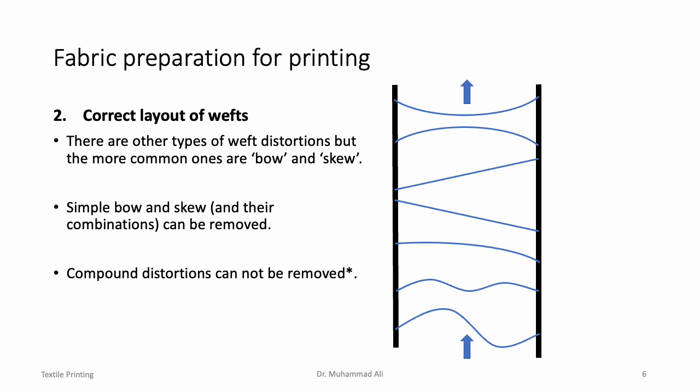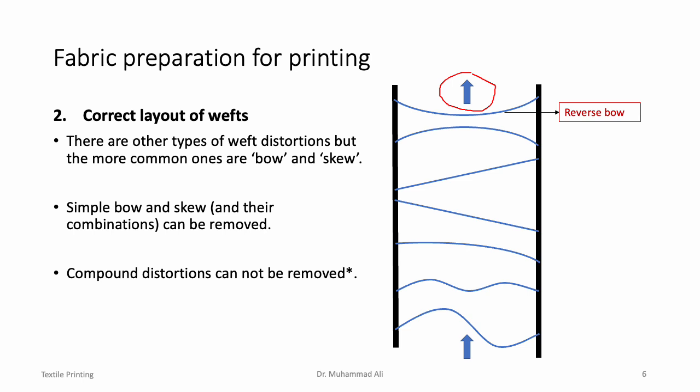But a particular type of distortion, known as compound distortions, cannot be removed once they are produced in the weft yarns. Let's have a look at this image here, which is showing different distortions. Notice this arrow here. This is representing the direction in which, let's say, the fabric is moving.